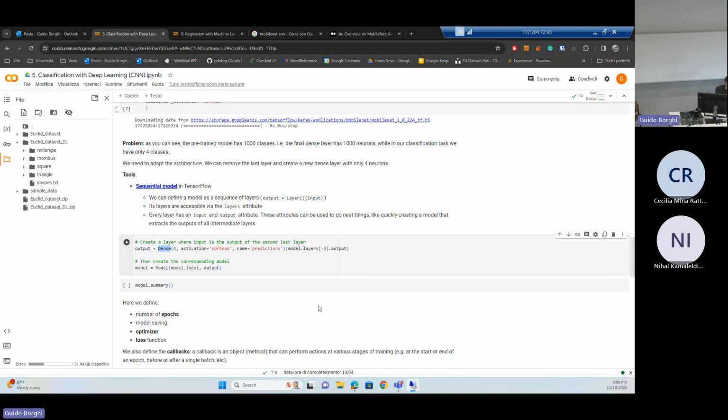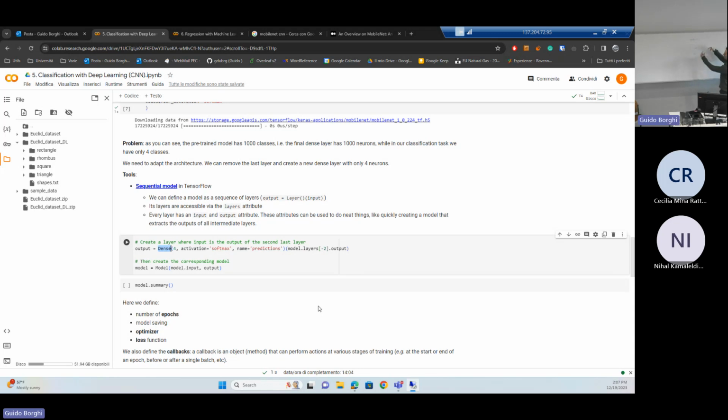So we have the MobileNet here, in which we have an architecture. We don't know all the details, but we know that here we have the CNN architecture with conv layers, a pooling layer, and so on. Here we have a 1000-neuron fully connected layer, also called dense layer.